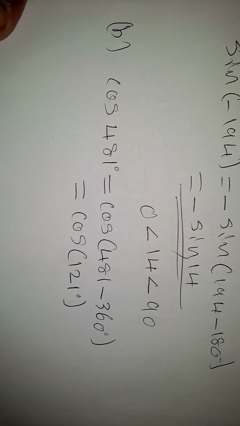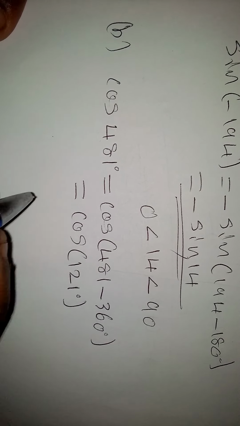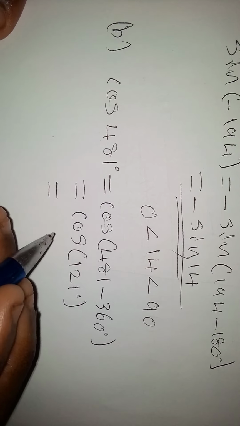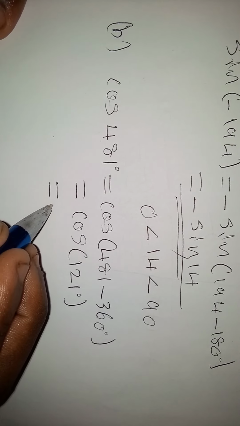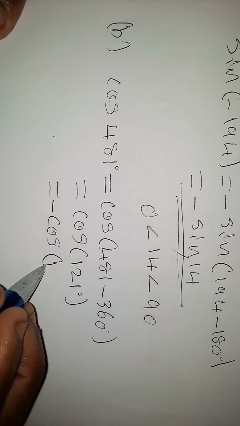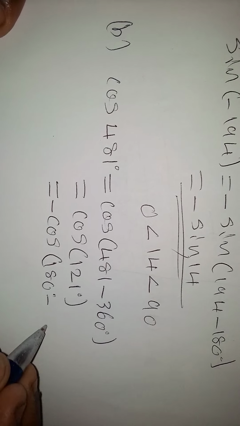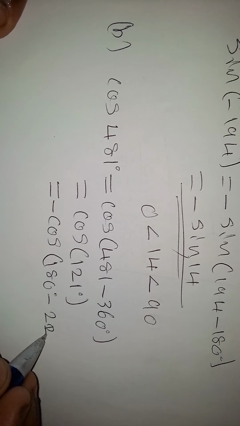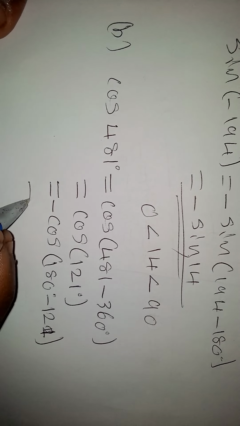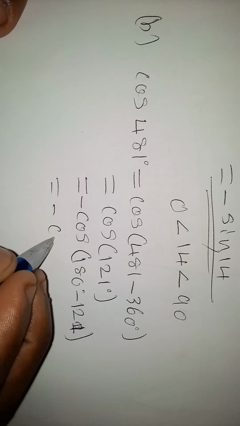So if we subtract, 180 degrees minus 121, it will be equal to negative cos of 180 degrees minus 121.